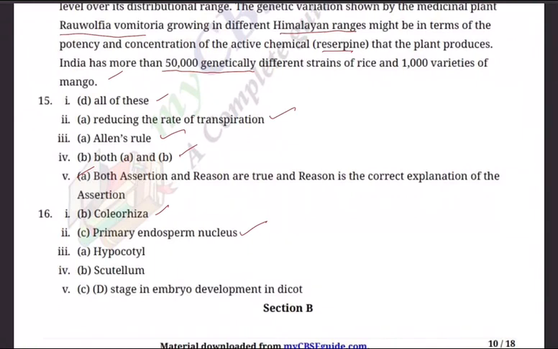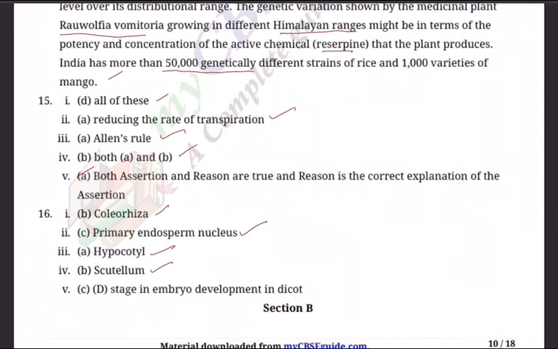Then third one, the cylindrical portion below the level of cotyledons is, third one, hypocotyl, A. And fourth, the grass family cotyledon is called scutellum. That is answer B, scutellum.